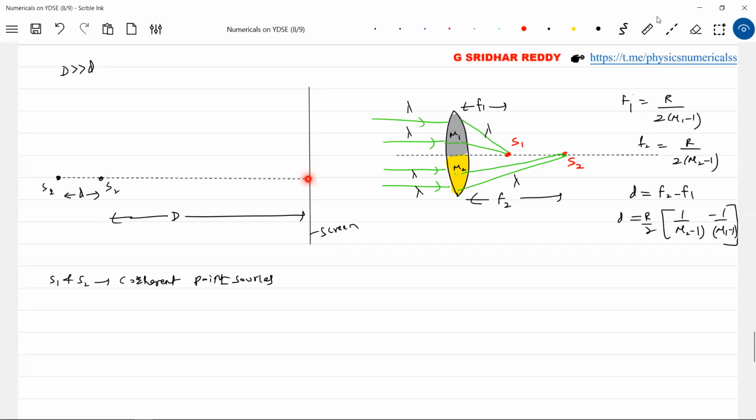If the path difference is lambda, the phase difference will be 2 pi. For constructive interference, the path difference of the rays should be 0, lambda, 2 lambda, 3 lambda, 4 lambda, 5 lambda. Like this, n lambda should be the path difference. Therefore, if the distance between these two point sources is equal to lambda, what do you expect here? Maxima or minima? It should be maxima.